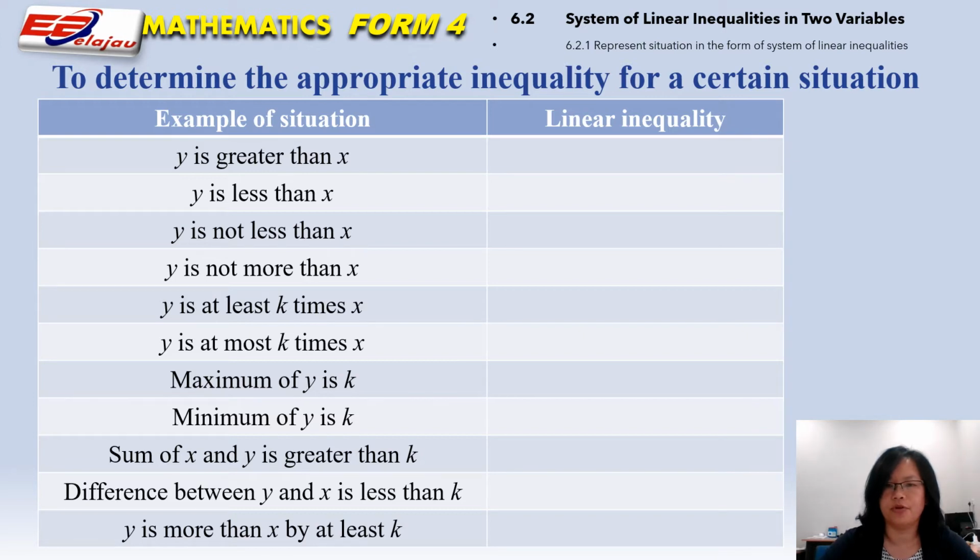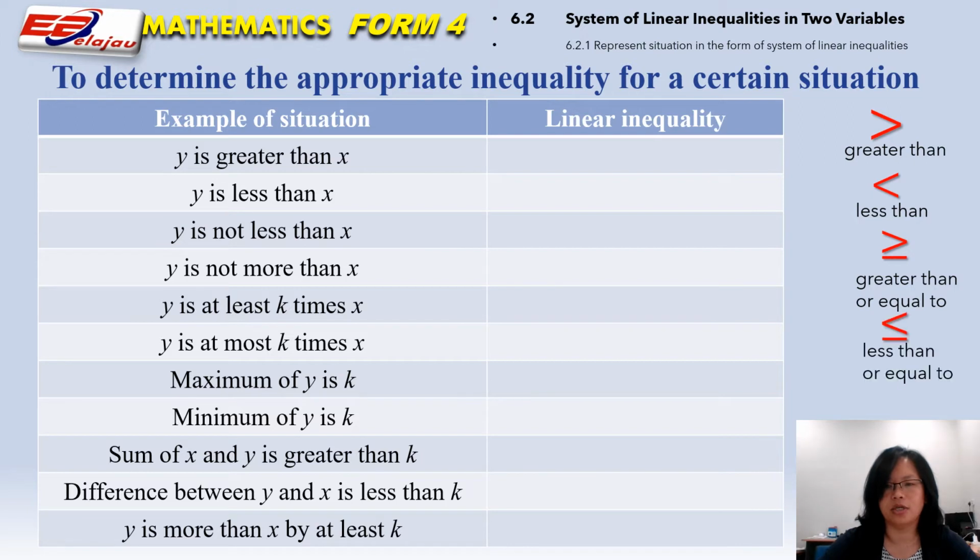Before we start to fill in the linear inequality, let us recall our previous knowledge. Do you still remember the symbol of greater than, less than, greater than or equal to, less than or equal to? Well, after we recall all these symbols, we can start to fill in the linear inequality.